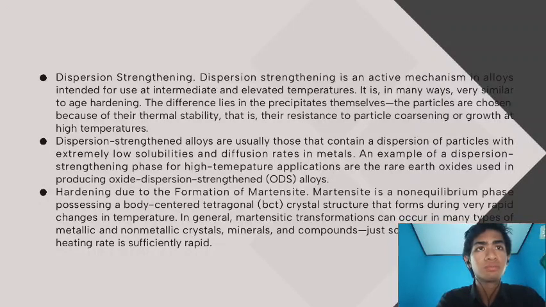Hardening due to formation of martensite. Martensite is a non-equilibrium phase possessing a body-centered tetragonal or BCT crystal structure that forms during a very rapid change in temperature. In general, martensitic transformation can occur in many types of metallic and non-metallic crystals, minerals, and compounds, just so long as the cooling or heating rate is sufficiently rapid.